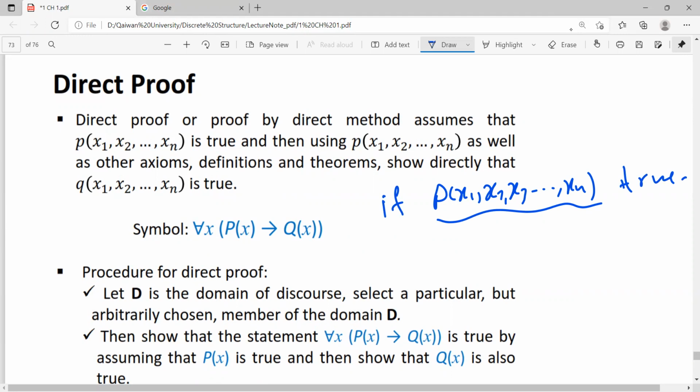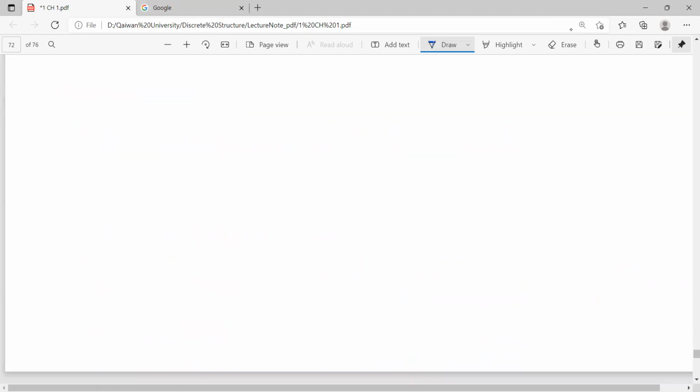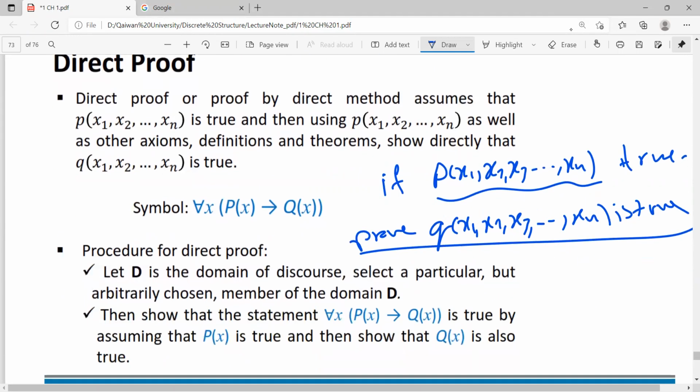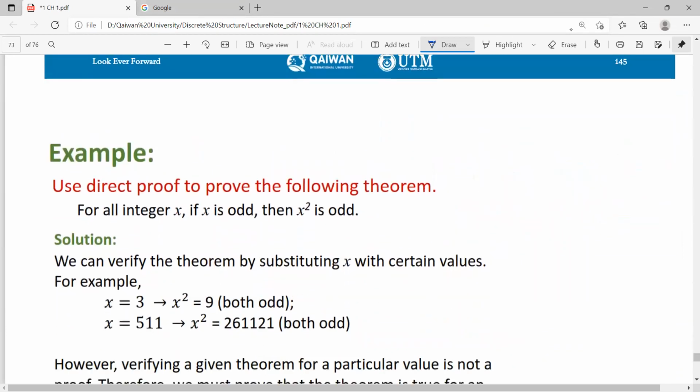The required is to prove that Q of x1, x2, x3, up to xn is true. By using the given, we are going to prove this one. For example, here we have given, it says, if x is odd, so we just deal with x as an odd number.